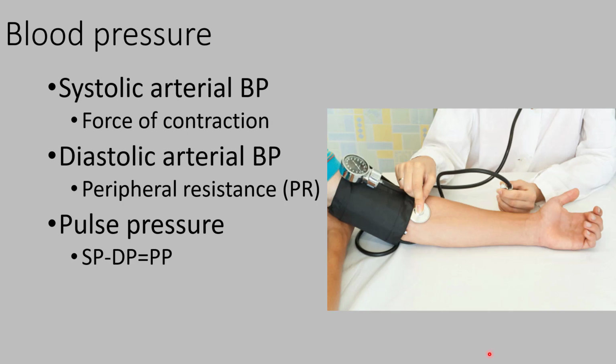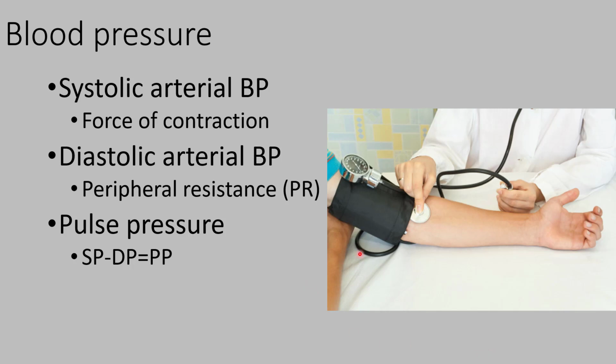So now we've talked about cardiac output, we've talked about heart rate, we've talked about stroke volume. We're going to now build on that and talk about blood pressure and learn some terms to wrap up this lecture before we start talking about blood pressure regulation in our next lecture.